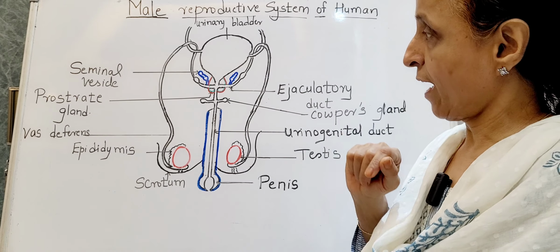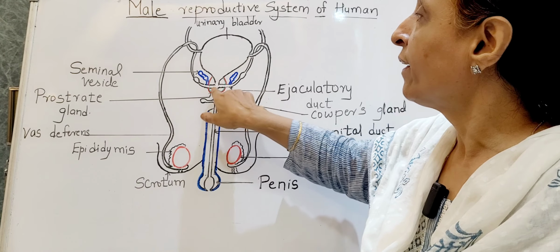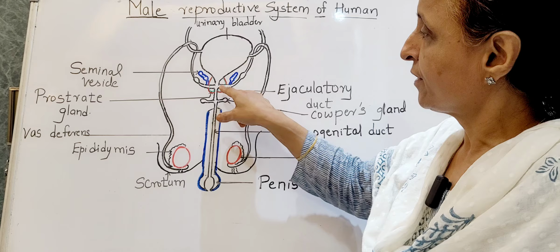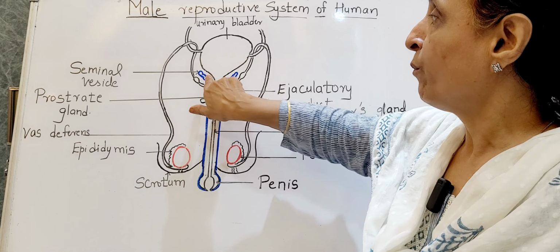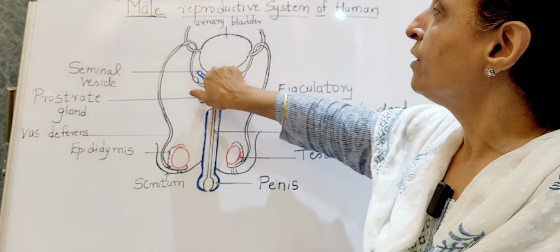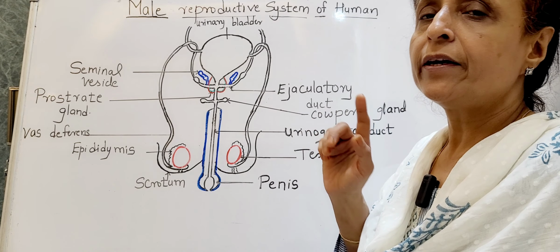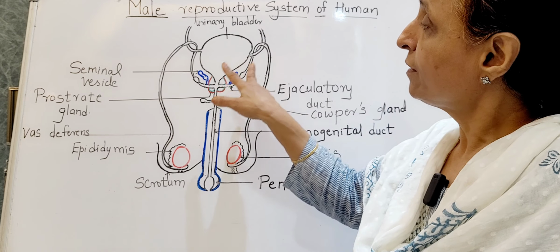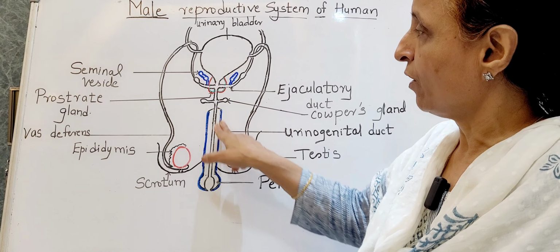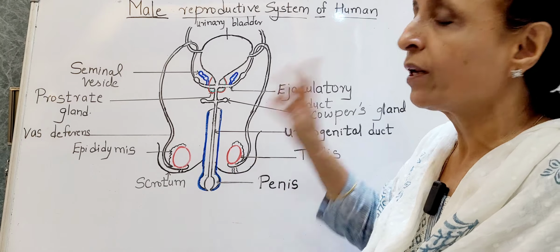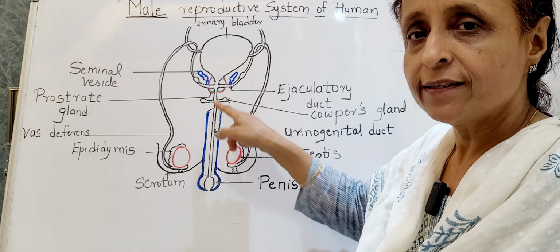But before that, there is the prostate gland, which is the size of a walnut and is present below the urinary bladder. In the human male, the reproductive system is combined here, so this duct passes urine as well as the semen.